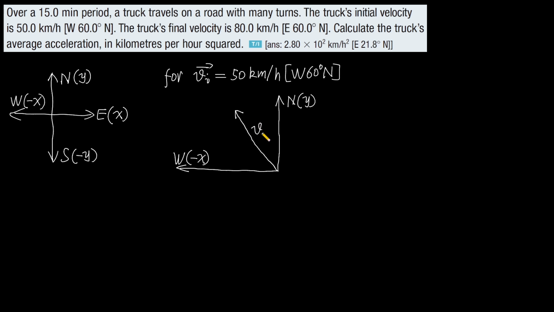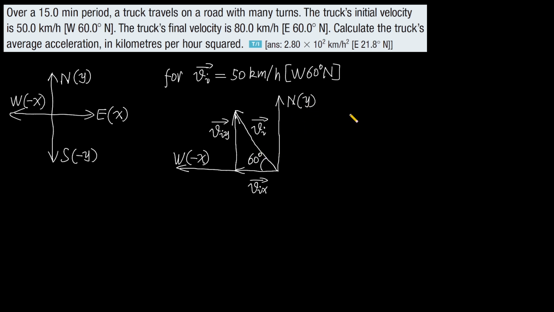So this is the initial velocity. And this is the initial y velocity. And this is the initial x velocity. And this angle is 60 degrees, because its direction is west, 60 degrees toward north.